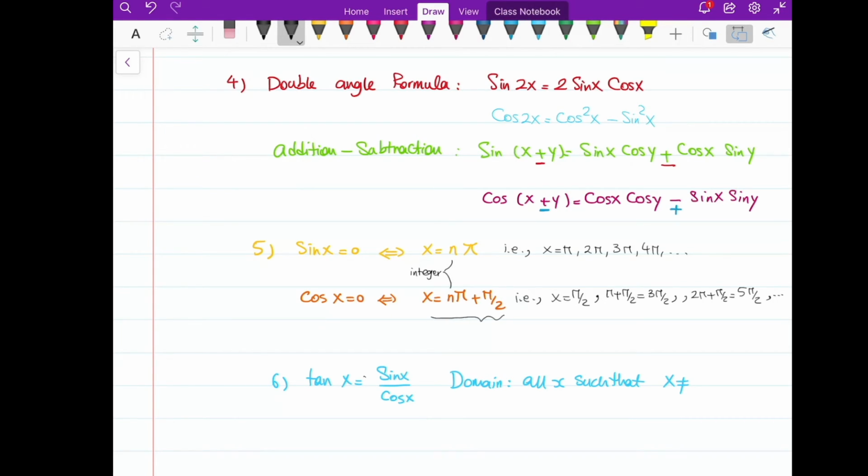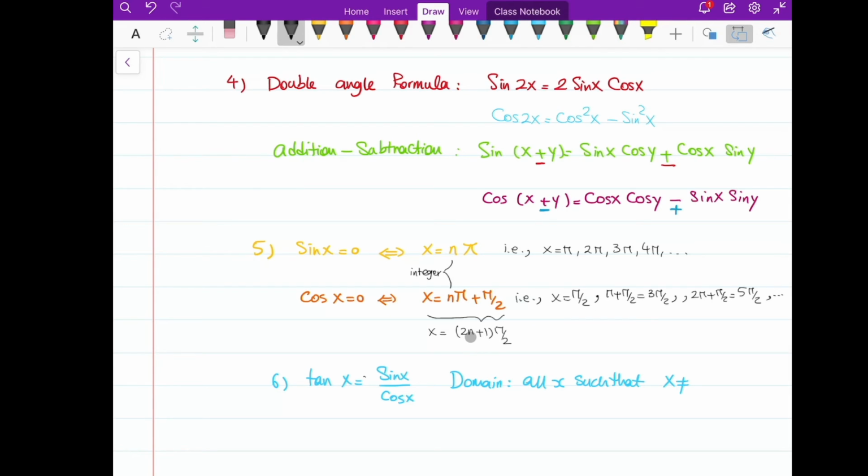So if x is not equal to, let me just tell you something. I can rewrite this as 2n plus 1 times pi over 2. So n could be 0, that's why I get pi over 2.